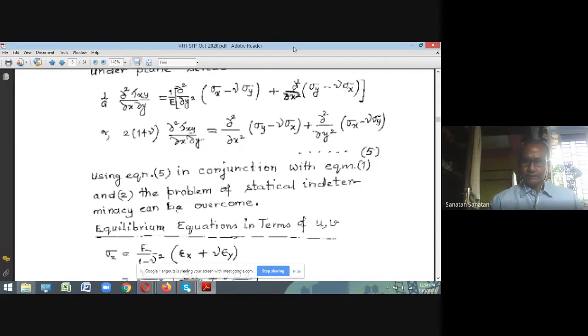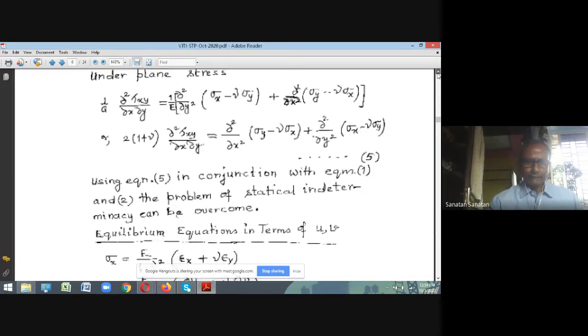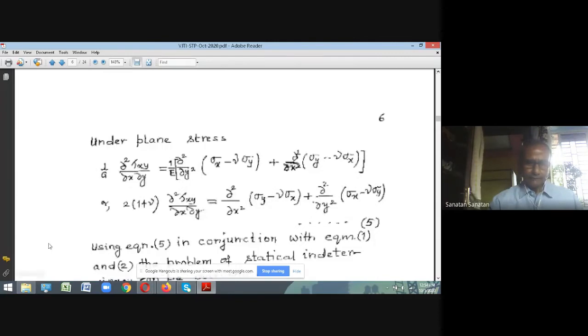Now let us see. We had already the compatibility conditions that we had written: gamma xy is equal to delta 2 by delta y square epsilon x plus delta 2 by delta x square epsilon y.